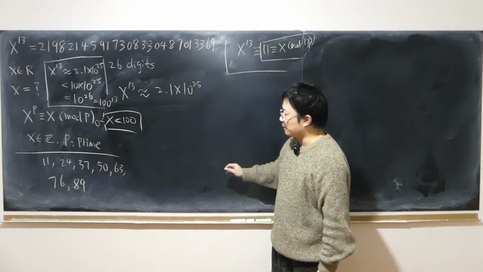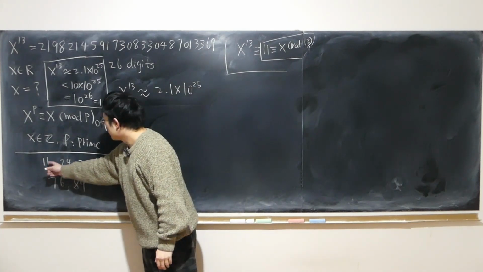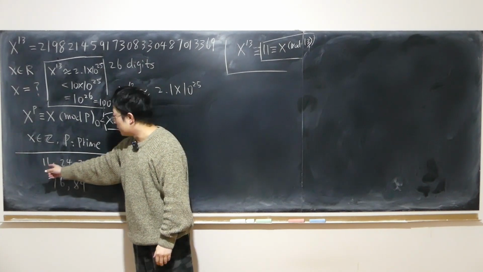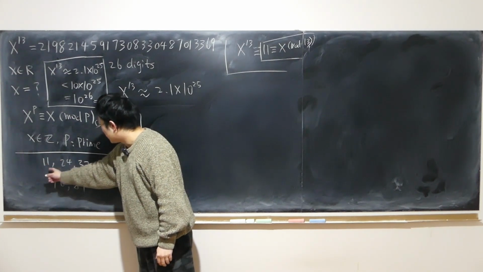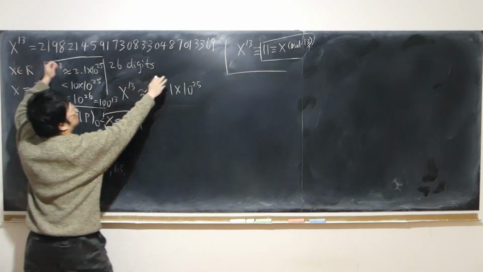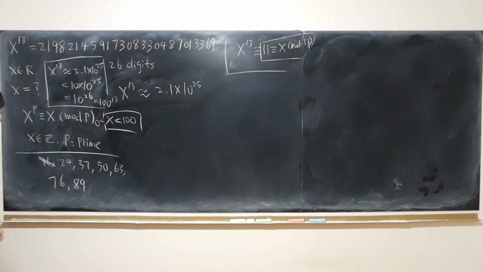Obviously x is positive, right? So let's rule out the first one. 11 to the power of 2 has last digit 1, to the power of 3 the last digit is also 1. So the last digit is never 9, and I can immediately rule out 11. 24, right?